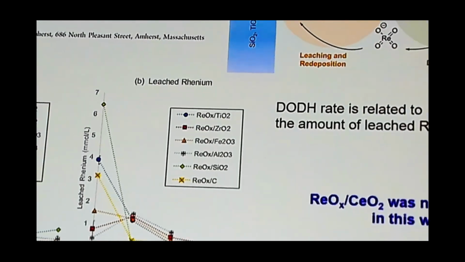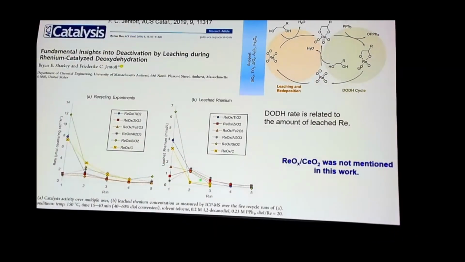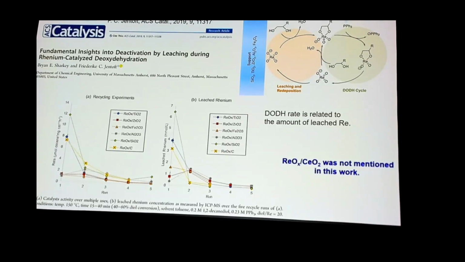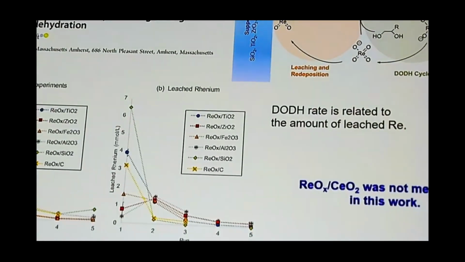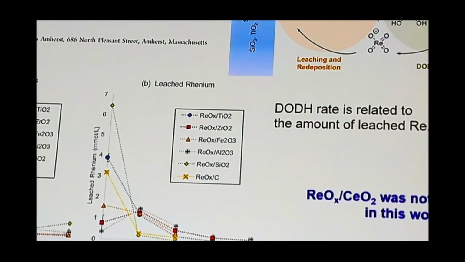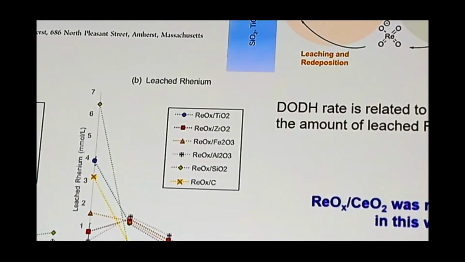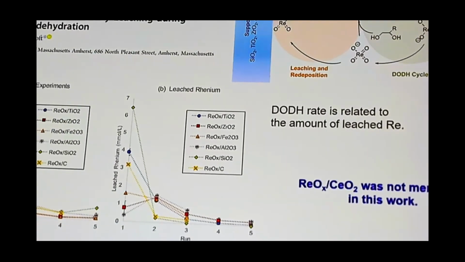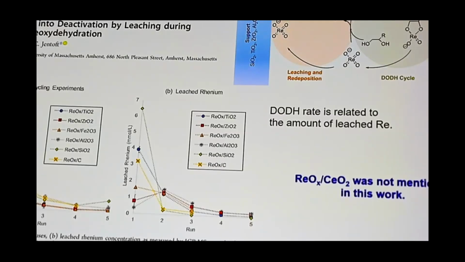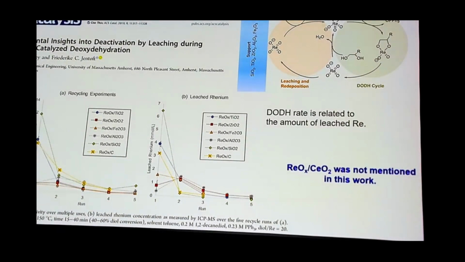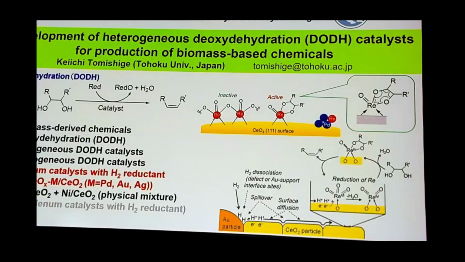This figure shows the relation between the leaching amount of the rhenium species and the activity of the DODH reactions. On the other hand, in our case, ceria is used as the support. The rhenium ceria was not mentioned in this work. We believe that the rhenium species on the ceria catalyst is the active species.